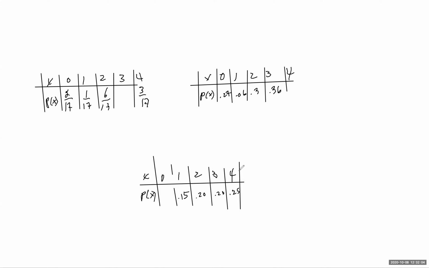Now we know we have a property of probability distributions that says that the sum of all the probabilities in a probability distribution must equal 1. And we also know that each individual probability, and I don't know if this is going to come into play in these particular problems, probably not, but I'm going to write it anyway.